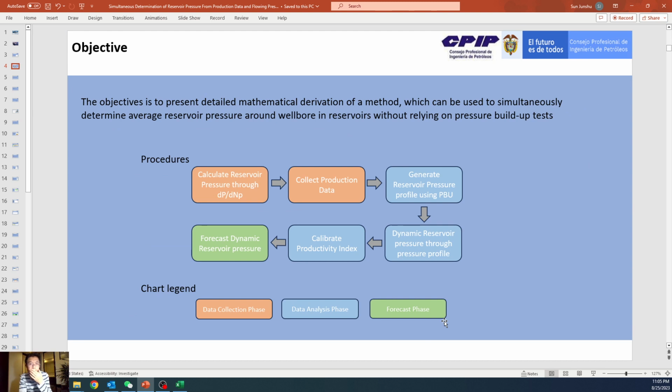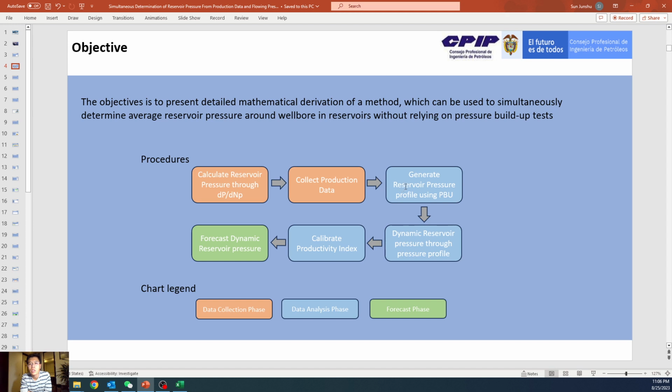So make a summary. First, we calculate the reservoir pressure and calibrate through the delta P per delta cumulative produced fluid, collect the necessary production data and build up data.